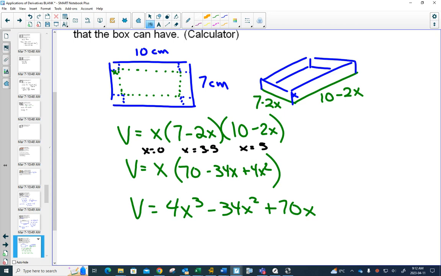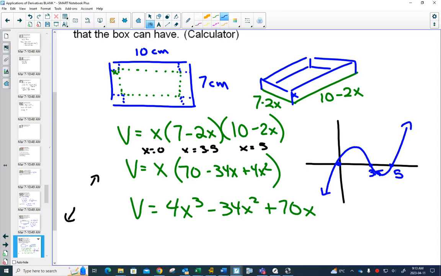And you would have said, okay, I know my x-intercepts are at 0, 3.5, and 5, and I know that this will make an x cubed graph, and an x cubed graph starts down there and ends up there. From grade 12 pre-calculus, you would have had this general shape known.